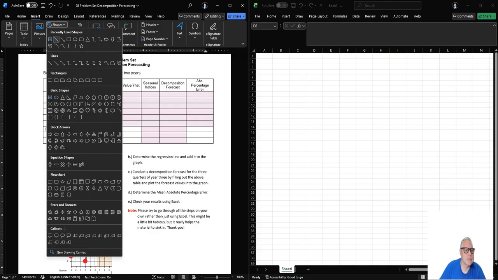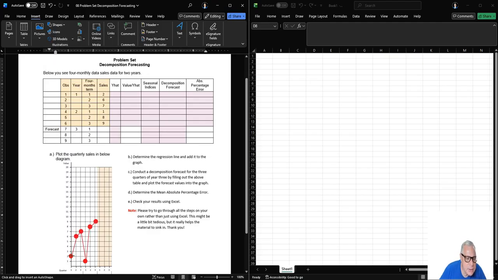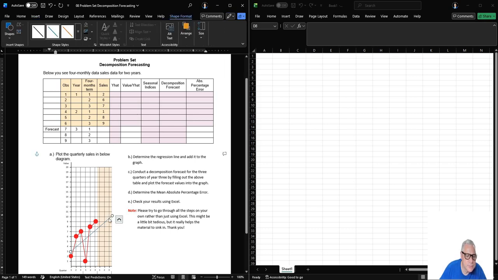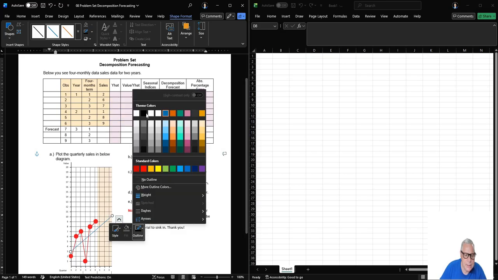So let's insert a line of best fit. Maybe something like this. Okay, so that's as good as I can get.